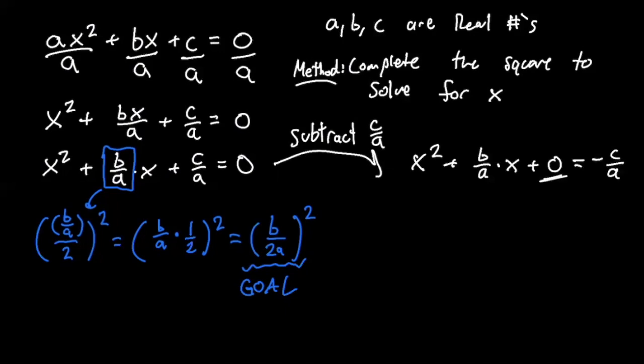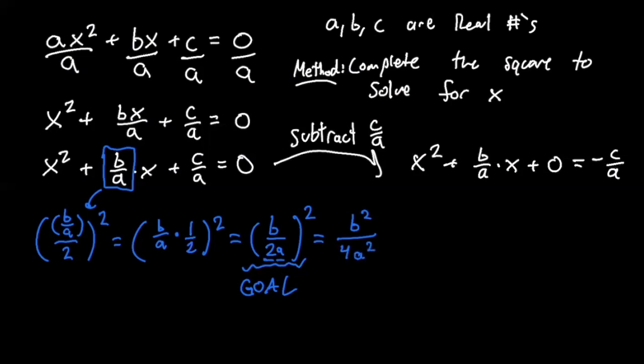That way we end up with a 0 here, which means to reach our goal we just have to add b over 2a squared to both sides. If we're squaring, we can square the numerator and denominator separately: b squared over 2 squared, which is 4, and we need to square the a also, so 4a squared.